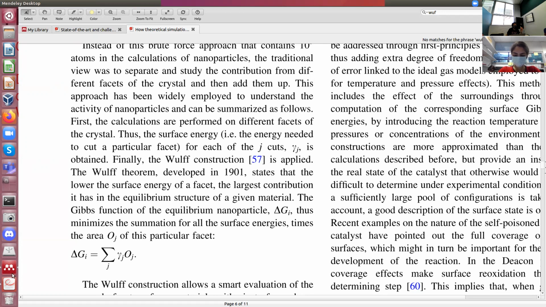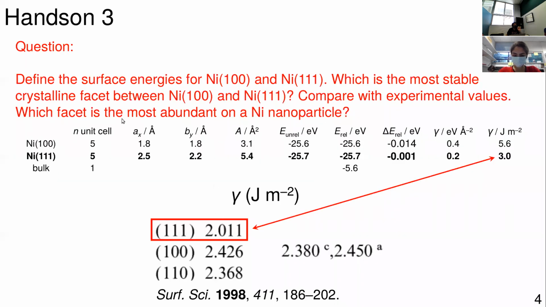Okay, and why did I have this question for all of you? Because in case some experimentalists ask you, look, you need to model some nickel nanoparticles. The way you do it, you calculate the surface energy of nickel. You see that nickel 111 is the lowest energy configuration, and then you can use just this facet in your model, and you explain that experimentally they have nanoparticles.